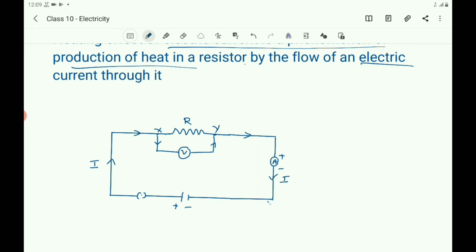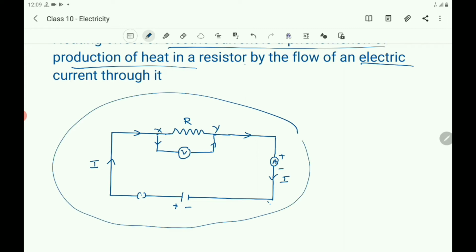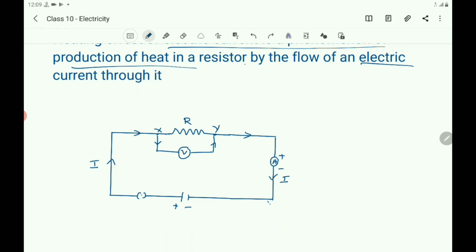Therefore, here let us consider a purely resistive electric circuit, which offers maximum resistance.